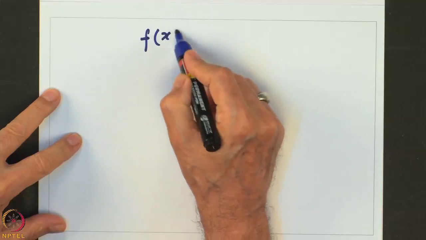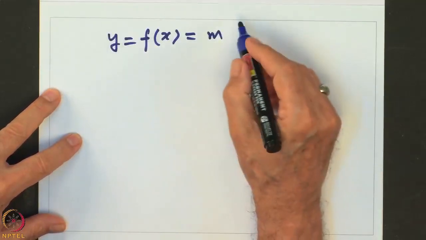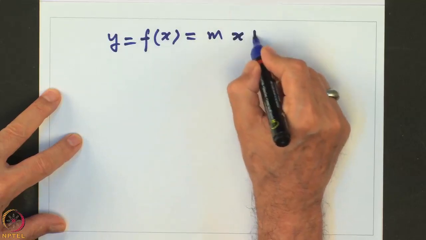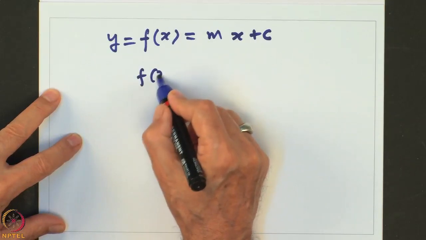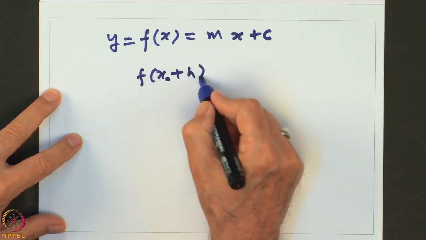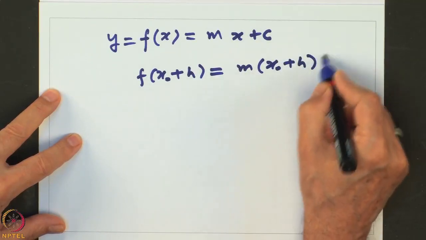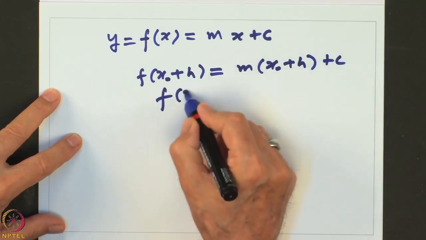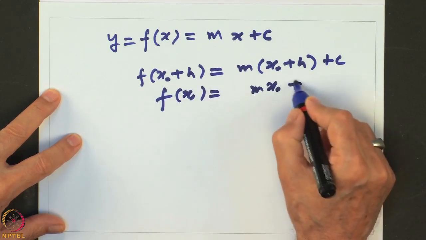Our function is the linear function f of x equal to m x plus c. So, at x naught, what is f of x naught plus h? That is equal to m times x naught plus h, plus c. What is f at x naught? That is equal to m x naught plus c.